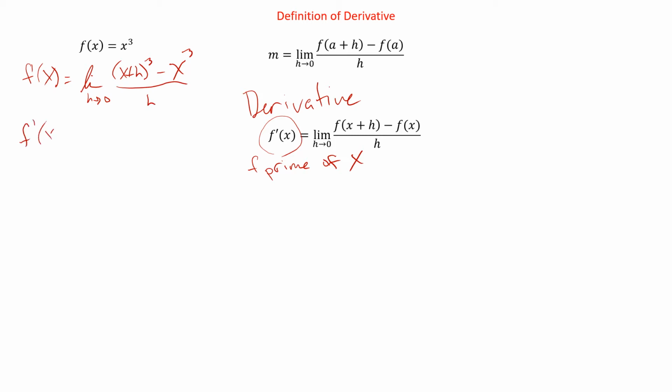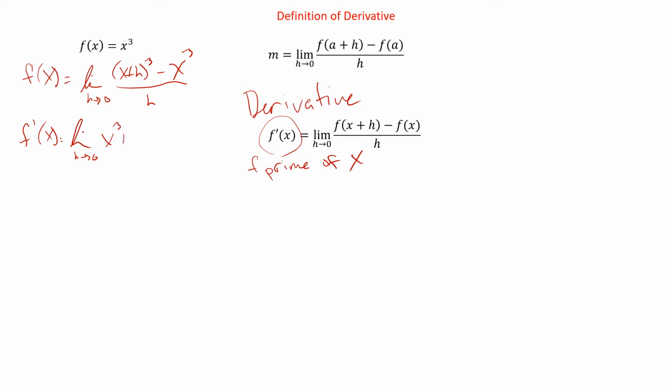F prime of x equals the limit as h goes to 0. X plus h cubed is not x cubed plus h cubed. We have to multiply that out. So knowing your binomial expansion really helps out in these problems.